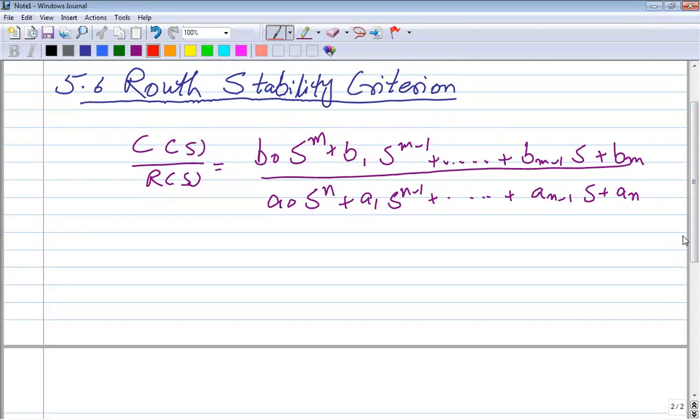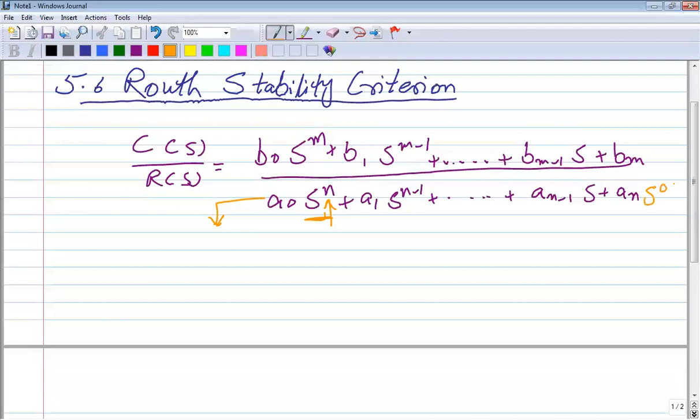It says my system is of this kind, so I can transform it. This is the numerator, so I can take the numerator. It has the highest degree n, and it goes down to degree s to the power 0, right?